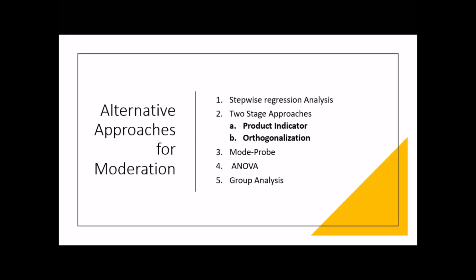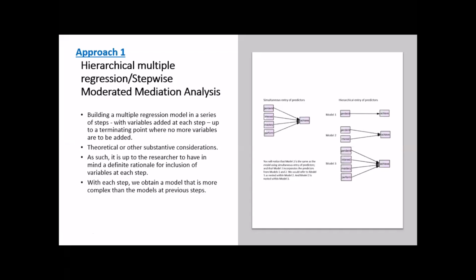And the fifth approach is group analysis. So the variety of alternative approaches which can be used for performing moderation analysis are given here. Let me introduce you to these techniques one by one.